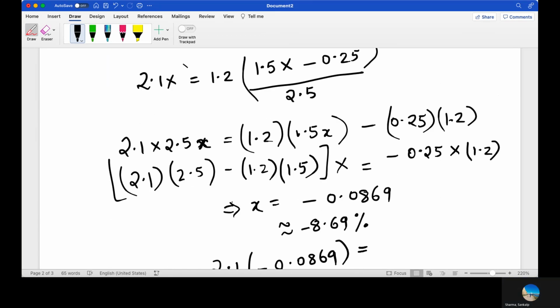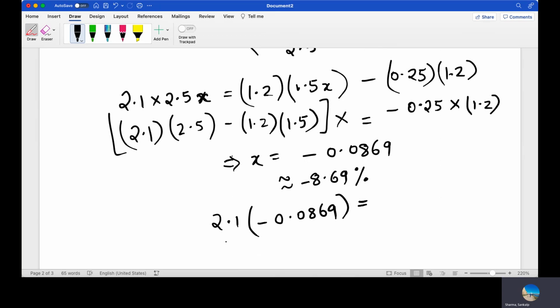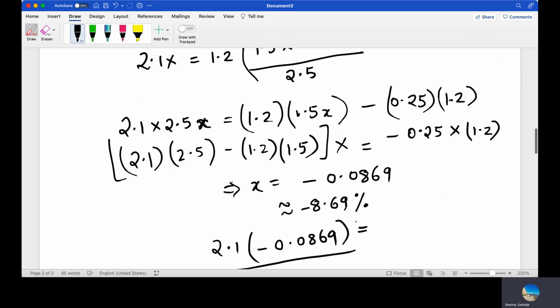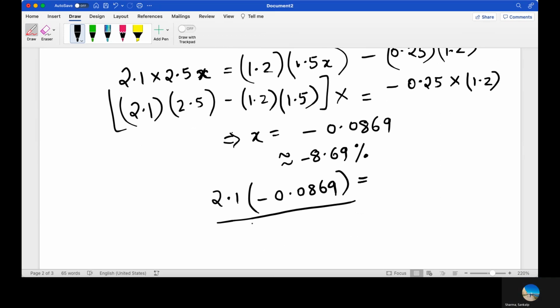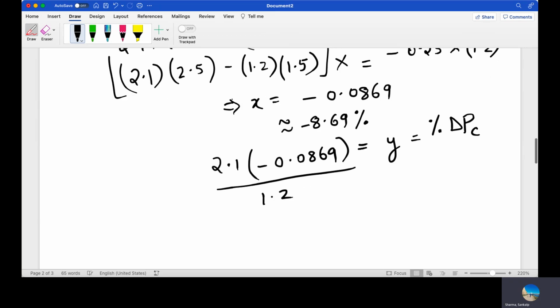And then you just divide through by 1.2. So this will be your y, which is nothing but your percentage change in cane. When I solve this, this will also be a negative number. So 2.1 into the answer divided by 1.2, which is negative 0.152.